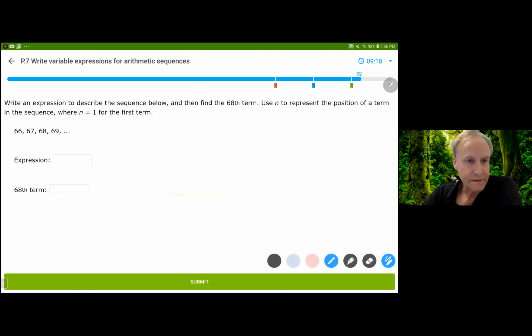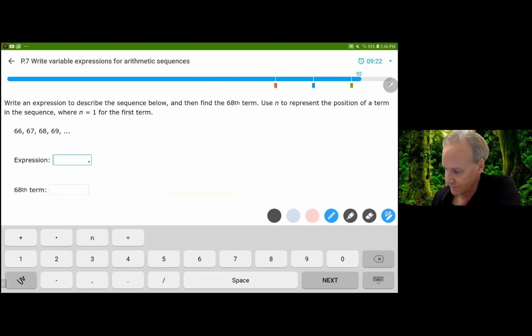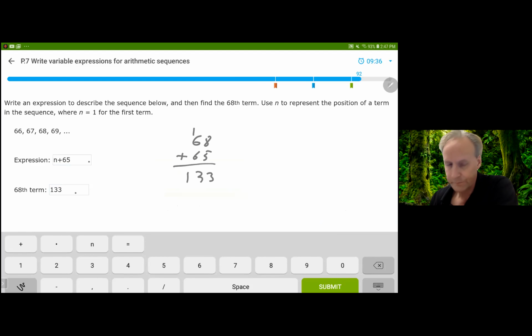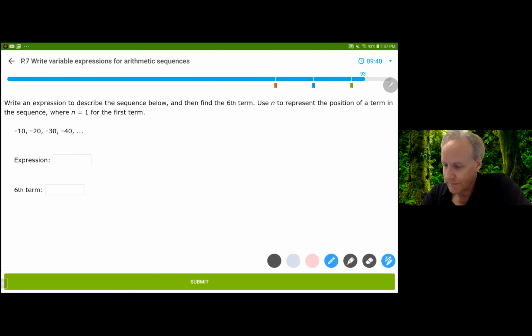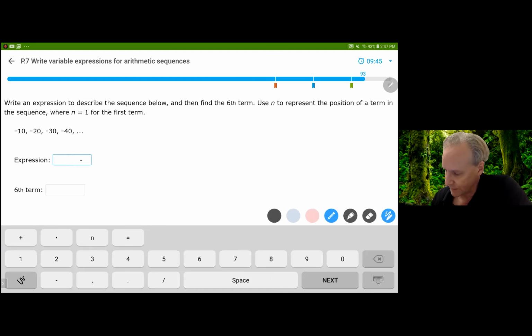The expression in this case is n plus 65, because that's our zeroth term, and we're just counting. And the 68th term is going to be 68 plus 65, which is going to be 133. And this one are multiples of -10, so we're taking -10 in.